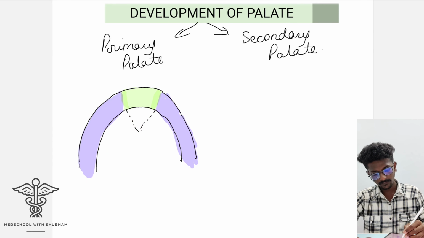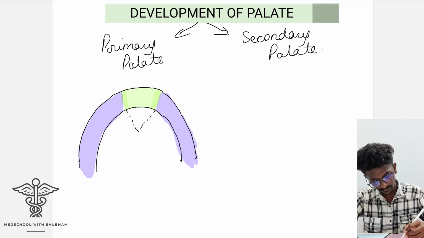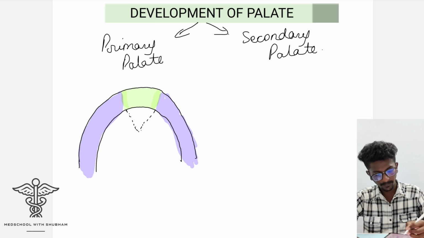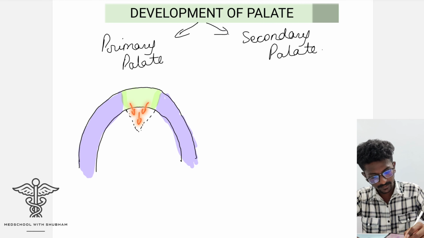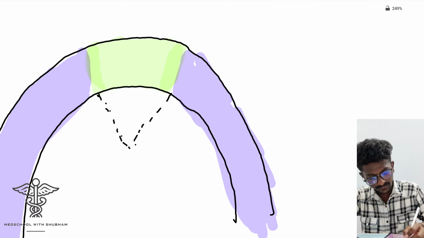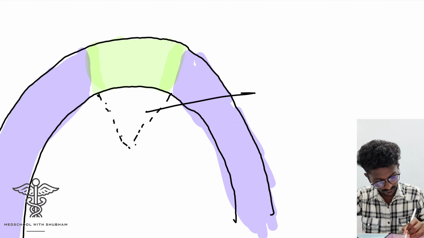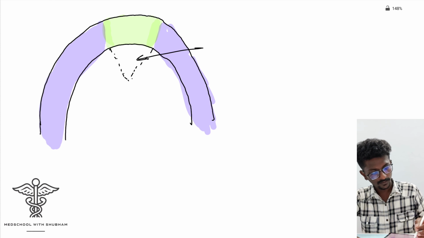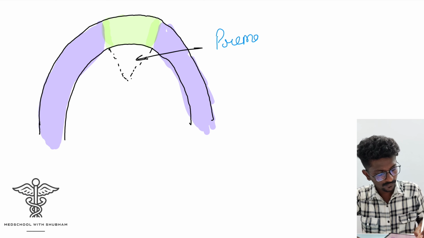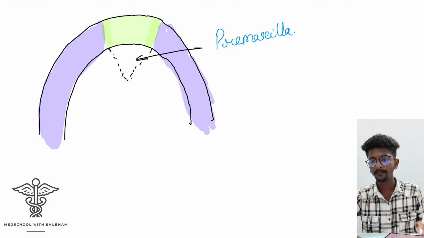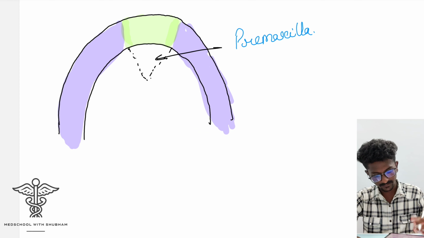The first extension that we will get is from the medial nasal process, and this extension is called the premaxilla.